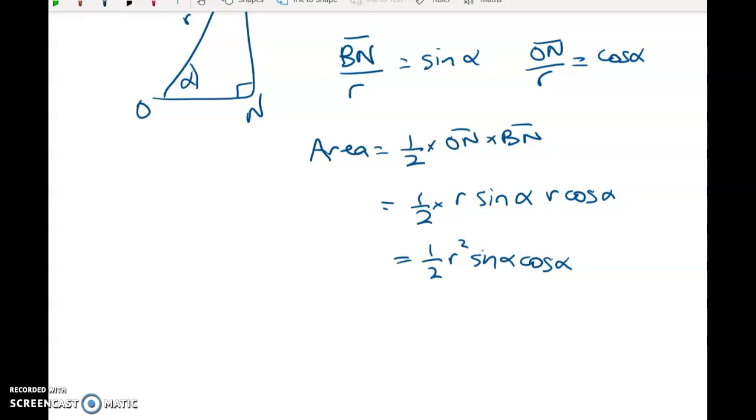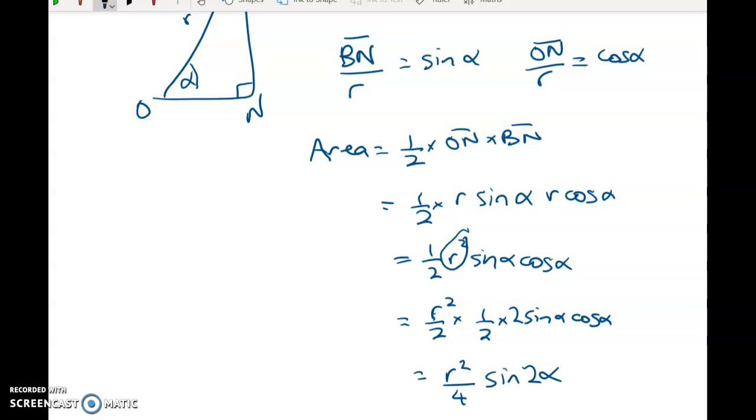And we know that sine 2 theta is 2 sine theta cos theta. So this is equal to a half times 2 sine alpha cos alpha, forcing in the 2, and that's times r squared. So that gives me r squared over 4 times sine of 2 alpha. And that's the hard bit done.